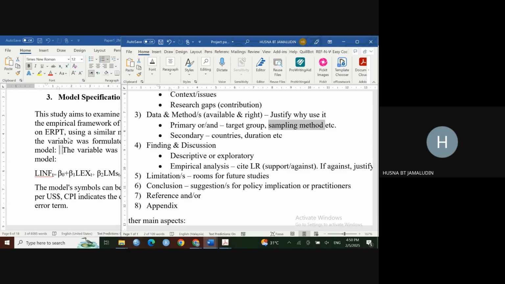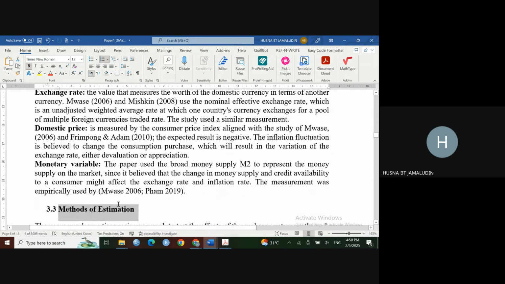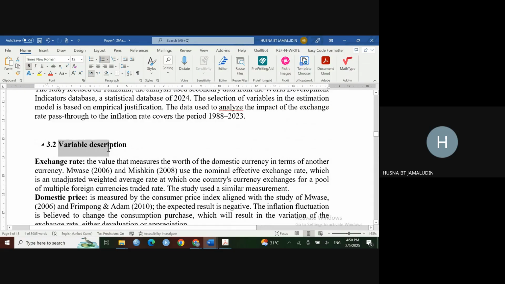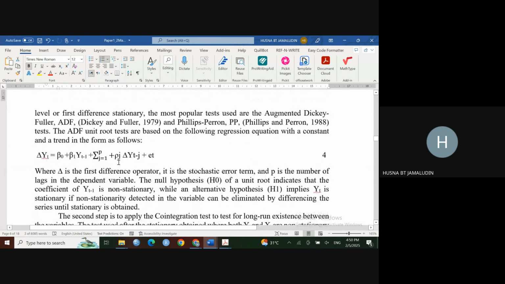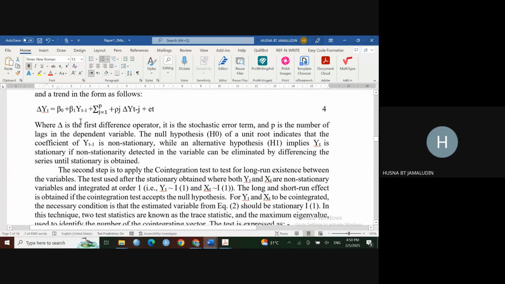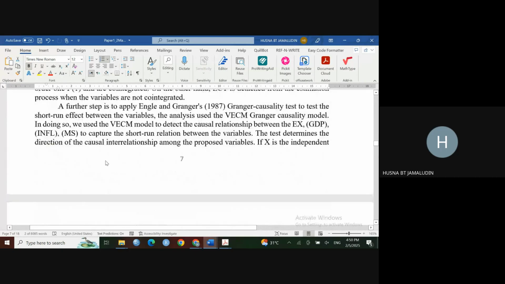And then you have the estimation method. This is fine. Because you have the estimation method here, after the variable, you show what kind of method you're going to use. It's better to mention the method first, and then you come up with your equation later on. Equation should be at the last because you want to estimate your equation. It should be last, but you put it first.